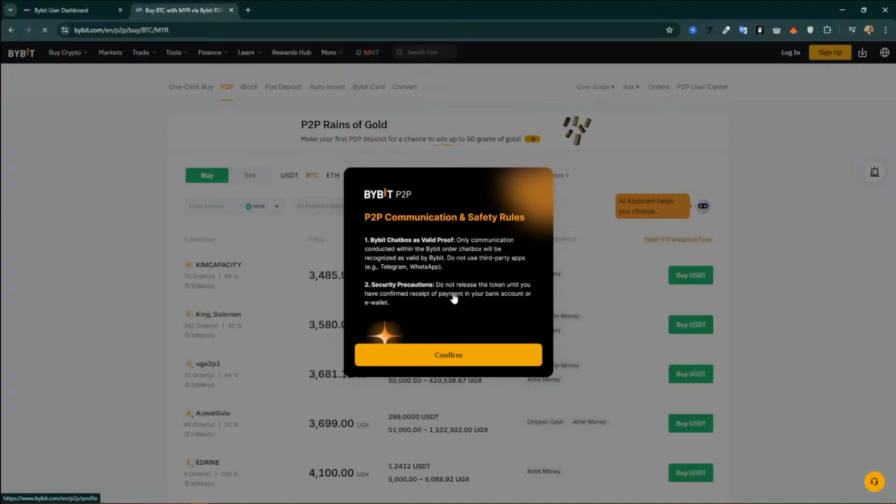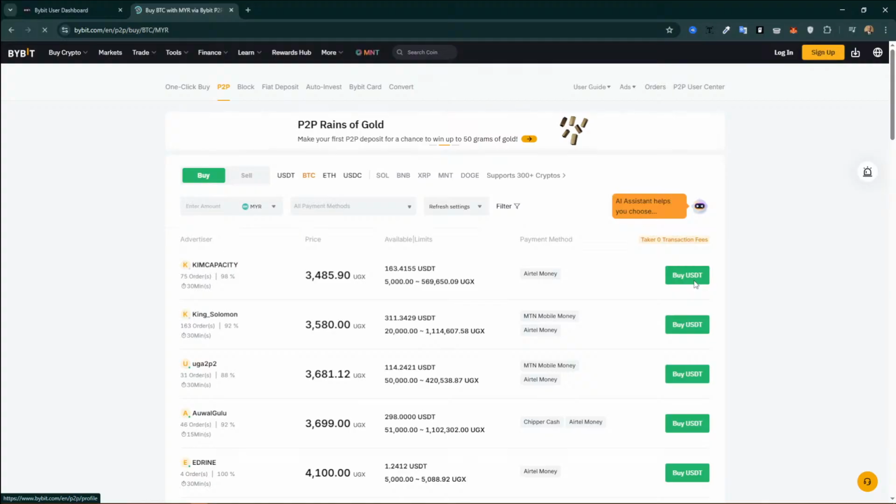That is to be able to follow the orders. For example, if you click here and buy, they will give you the payment method or the number to send your money to, and then you send a screenshot confirming the payment. That's how it works here on P2P.